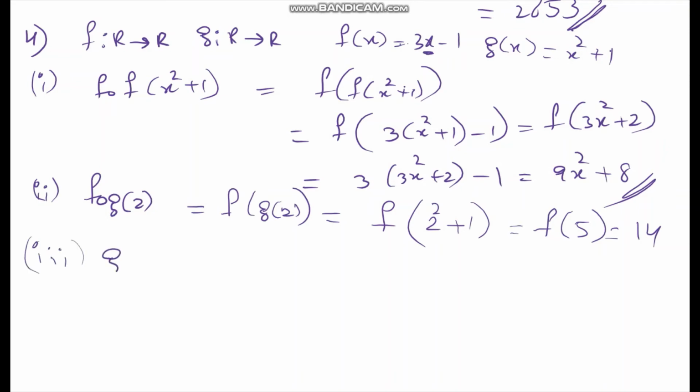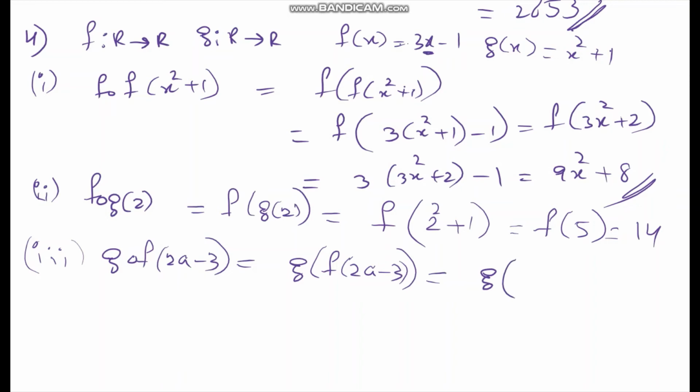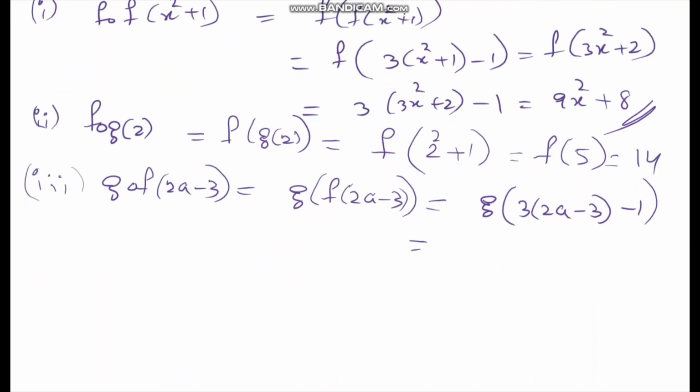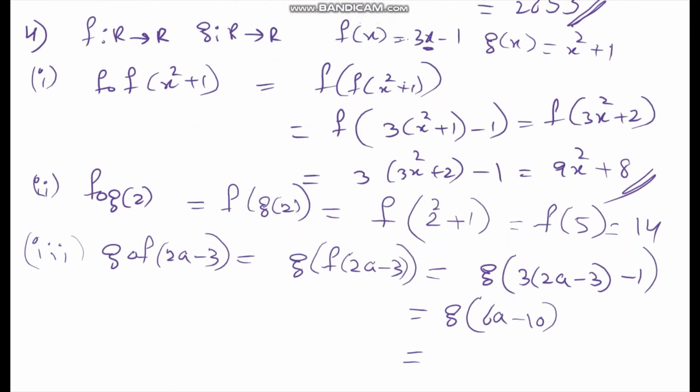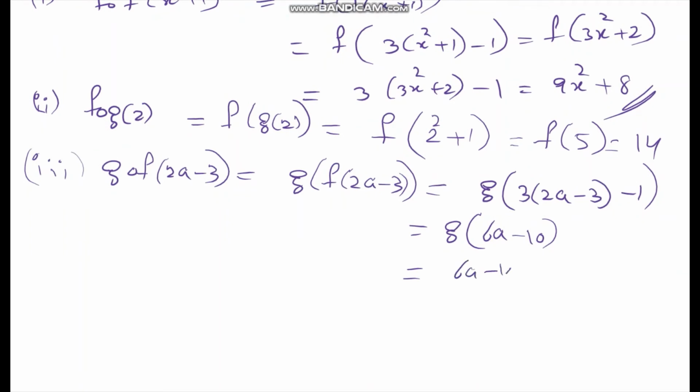Third bit is gof of 2a minus 3, that equals g of f of 2a minus 3. f of 2a minus 3 will be 3 into 2a minus 3 minus 1, that equals g of 6a minus 10. g of 6a minus 10 will be 6a minus 10 whole square plus 1.